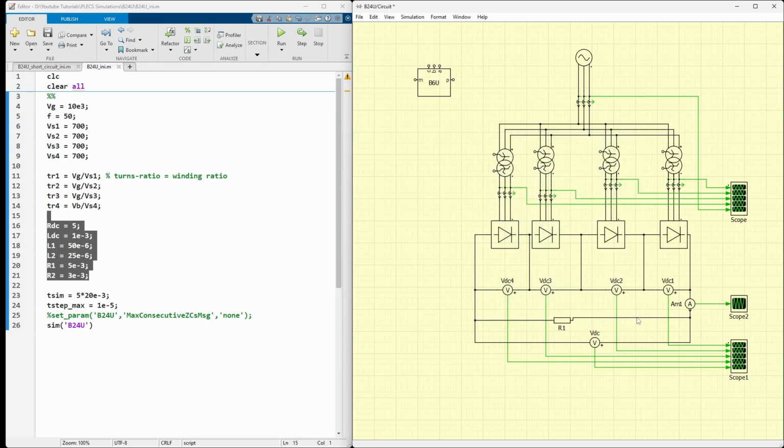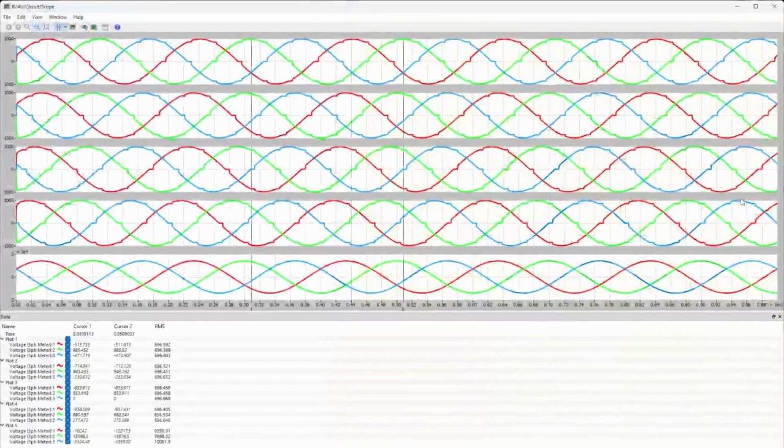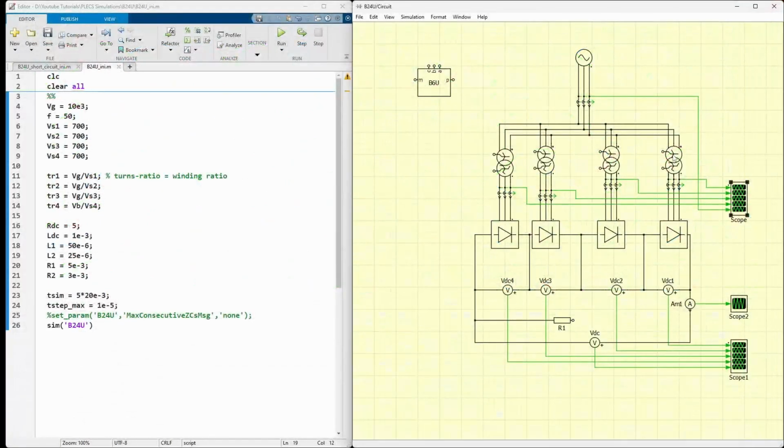The load, I'll disconnect it for the time being to track the no load conditions. Let's save the model. For simulation, I'll take 5 periods and let's run the simulation. Seems to be complete. Yes. No, it's not. Let's see where the problem is.